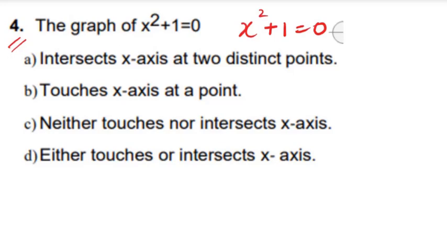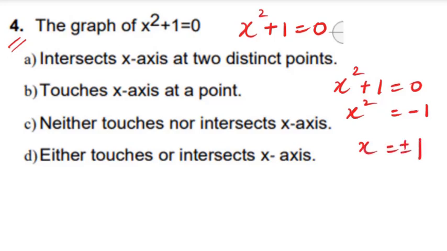If we solve x square plus 1 equal to 0, x square equals minus 1, and x equals plus minus square root of minus 1.